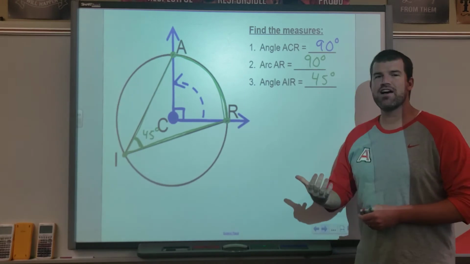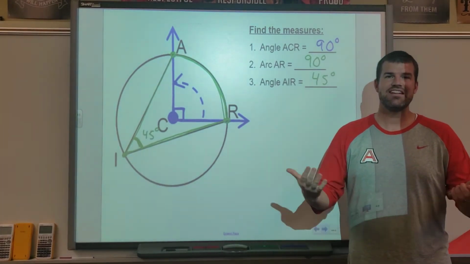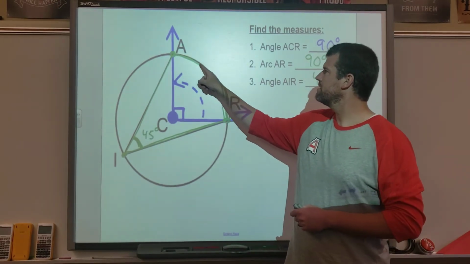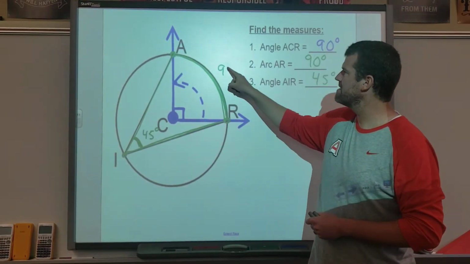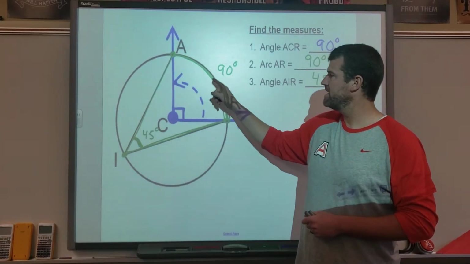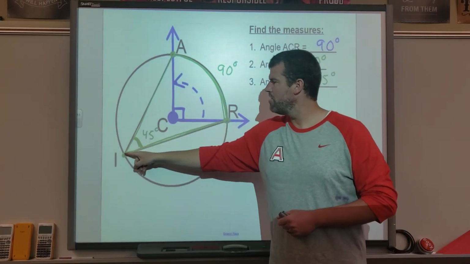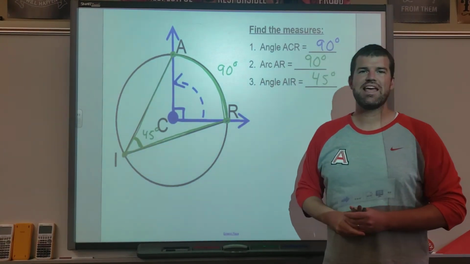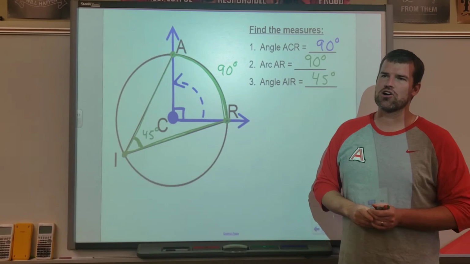Well, how is 45 related to 90? It's half, right? So if we know an arc, we knew this arc was 90 degrees. We know the central angle will be the same, right? 90, 90. But if we go all the way to the edge of the circle, that angle that gets formed will be half of the arc.